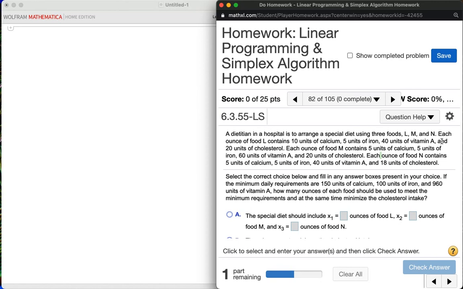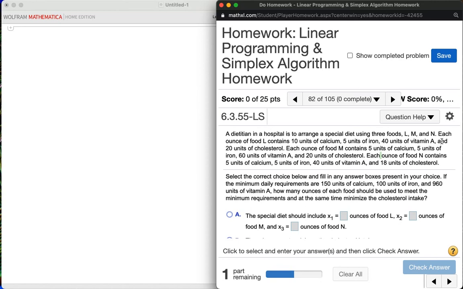Each ounce of food M contains 5 units of calcium, 5 units of iron, 60 units of vitamin A, and 20 units of cholesterol. Each ounce of food N contains 5 units of calcium, 5 units of iron, 40 units of vitamin A, and 18 units of cholesterol.